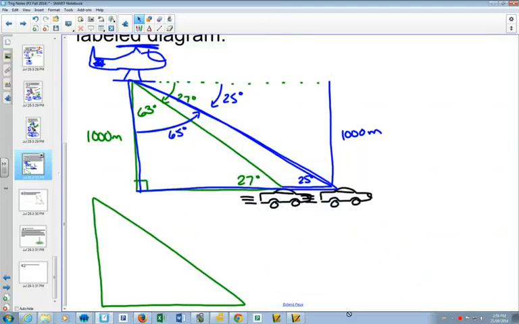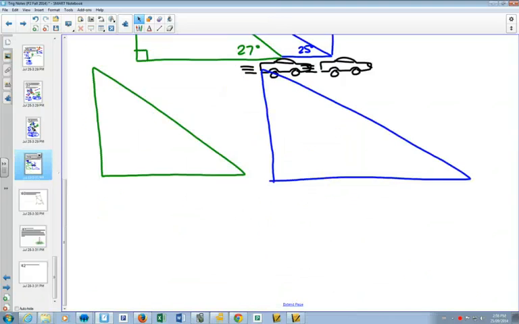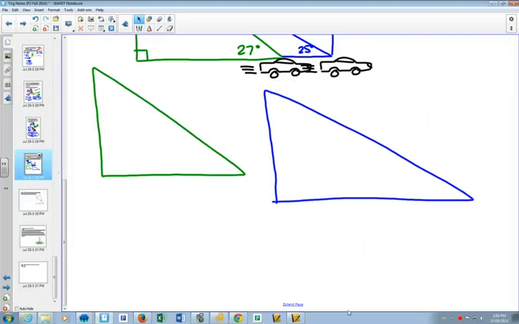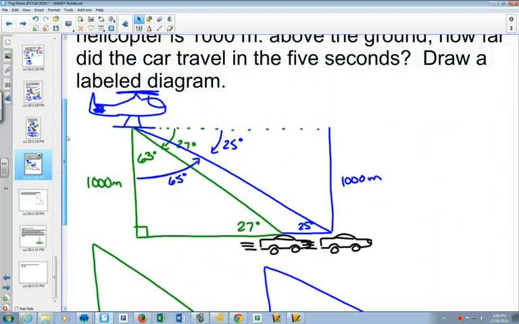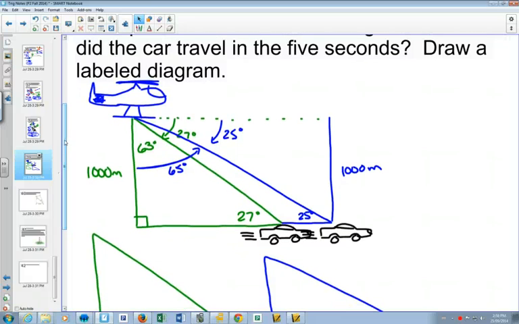And bring it down here. I'm going to ask myself, what do I want to find? I want to find out how far the car travels in those 5 seconds. I want to find this little x there, that little section from one car to the other.